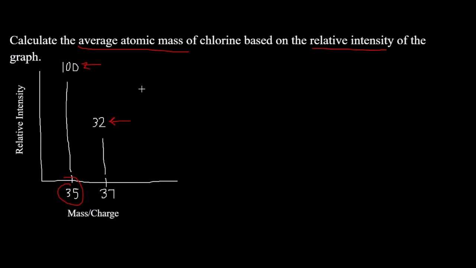So now in this case, all you have to do is, rather than making it out of 100, you have to make it out of however much we have, which is 132. So in this case we have again our mass of 35, and as you can see, we have 35 times 100 divided by 132, which is the total, plus 37 times 32 divided by 132.